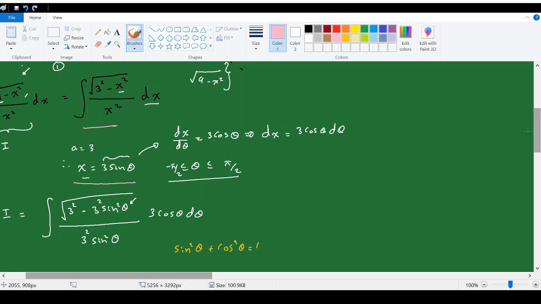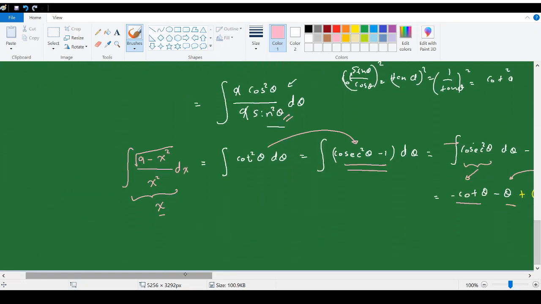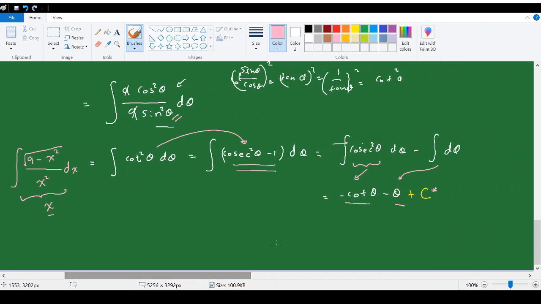That's the substitution that we have used, and we need to find what cot theta is. Now our initial substitution is x is equal to 3 sine theta, and from this one we need to find cot theta and theta in terms of x.